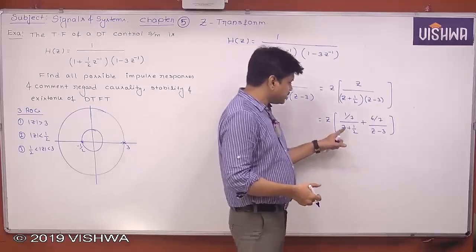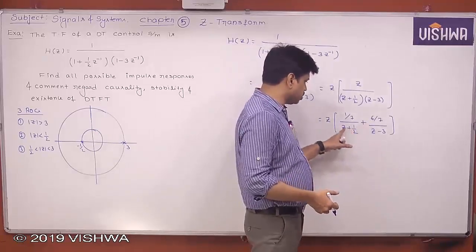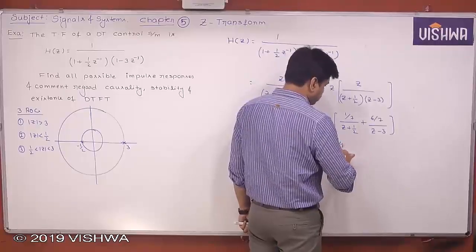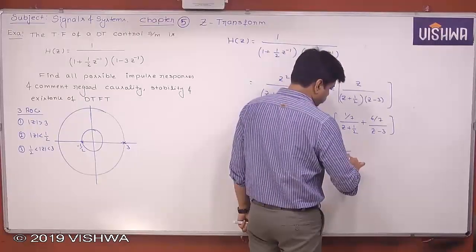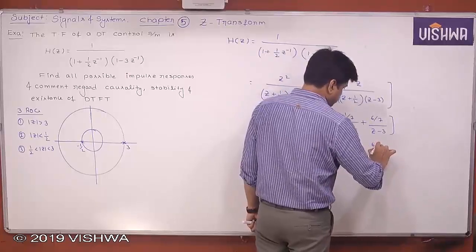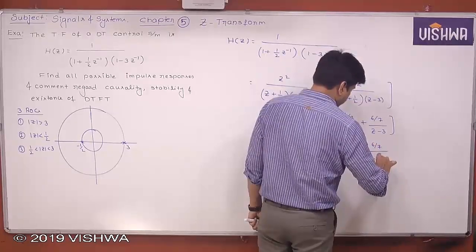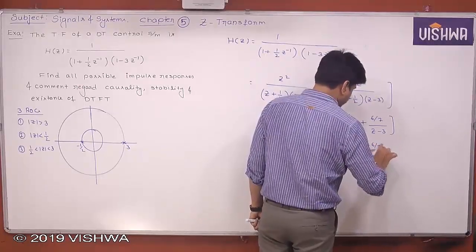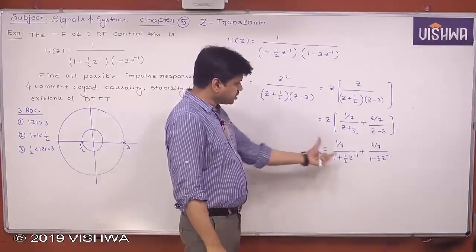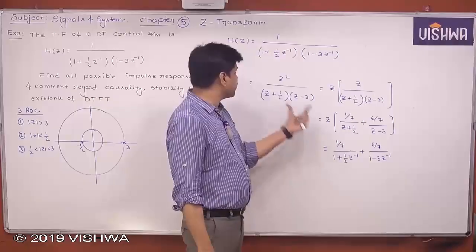Now take z common out, then z gets cancelled. Finally we get 1 by 7 by 1 plus 1 by 2 z inverse, plus 6 by 7 by 1 minus 3 z inverse. Because this is in the standard form, we can now write h of n.